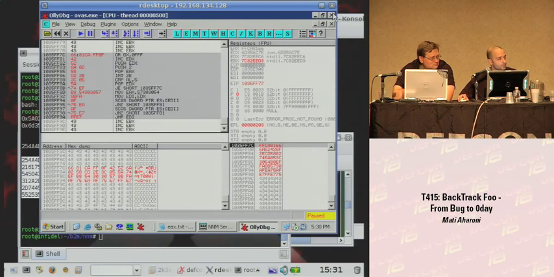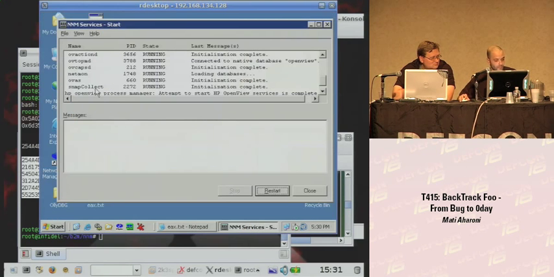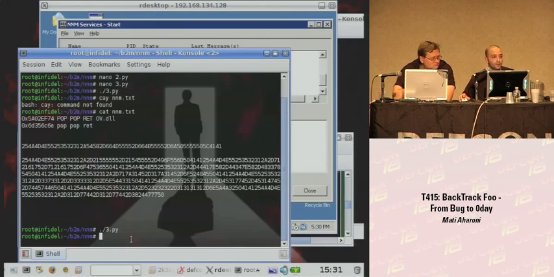We also had another problem, which I didn't mention. Where do we put this large payload, this large, I don't know, 600, 700 byte payload of a bind or reverse shell?